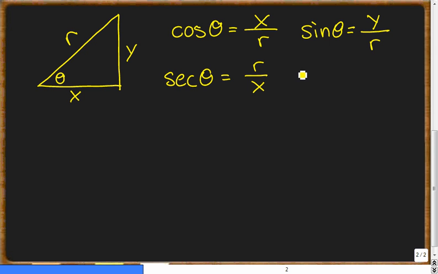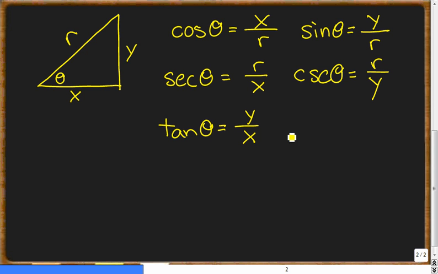Sine is with cosecant. This is going to be r over y. And then we have our tangent of theta is going to be y over x. And our cotangent will be its reciprocal, which will be x over y.